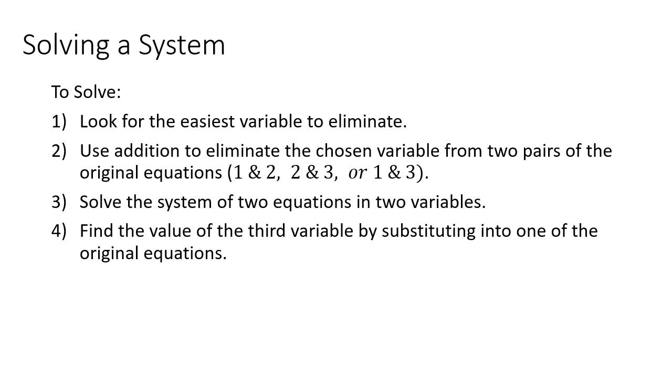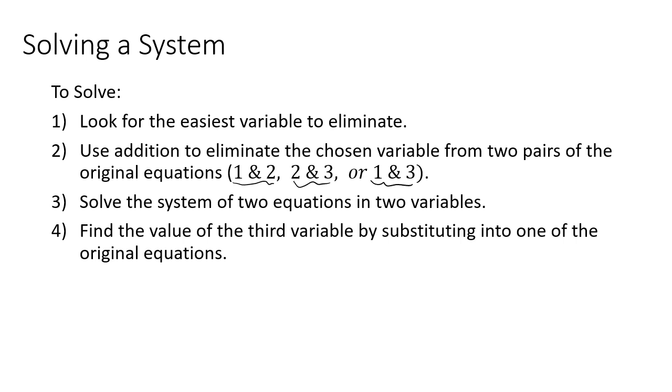What you then want to do is use addition to eliminate the chosen variable from two pairs of the original equations. So let's say you focus on the variable z to eliminate. You would choose to eliminate z from two of these three pairs: equations 1 and 2, equations 2 and 3, and equations 1 and 3.